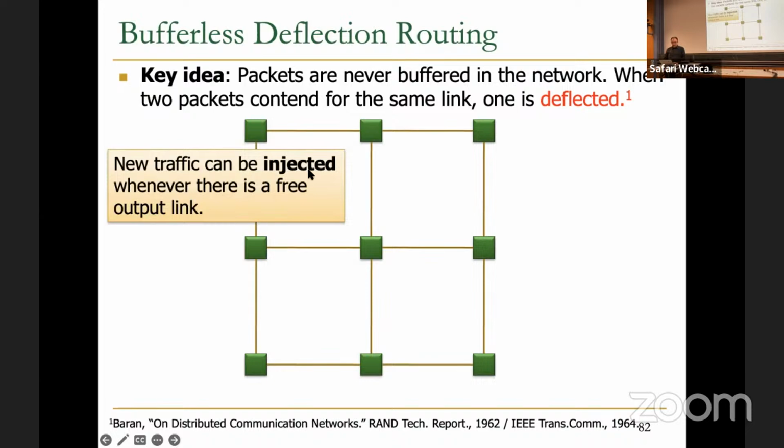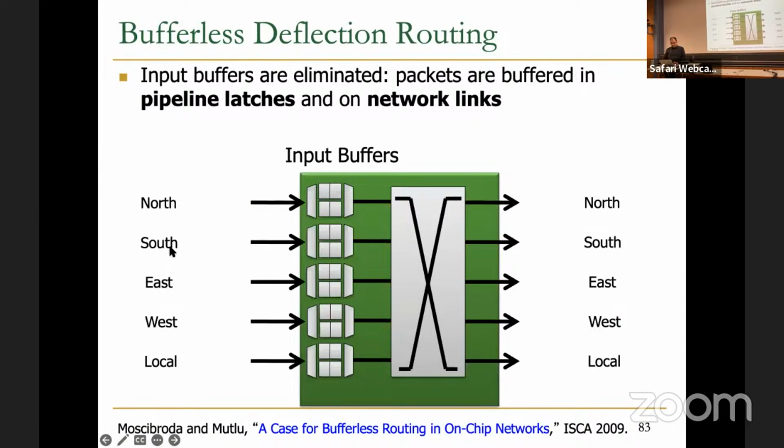New traffic can be injected whenever there is a free output link, which is good. In bufferless deflection routing, input buffers are eliminated, and packets are buffered in pipeline latches and on network links.